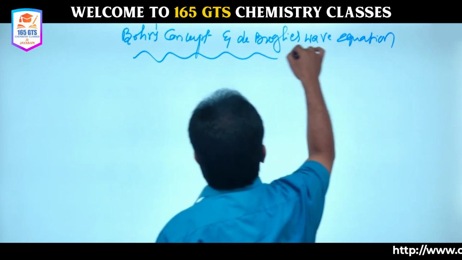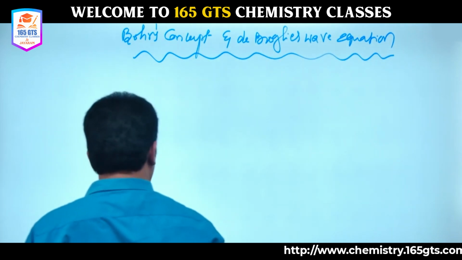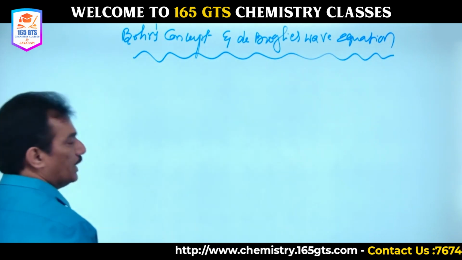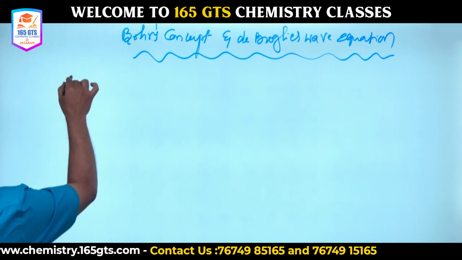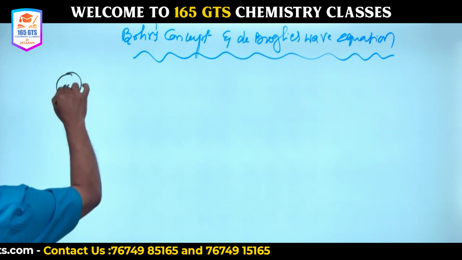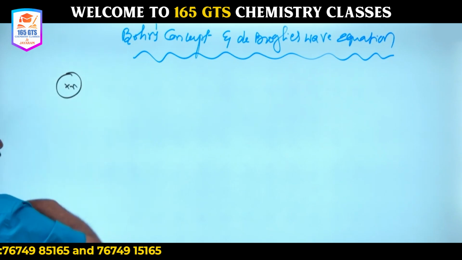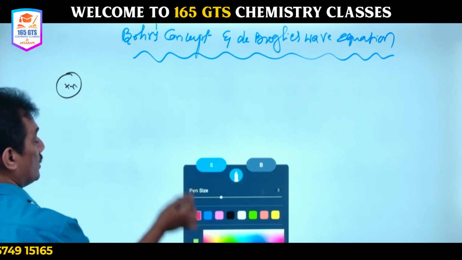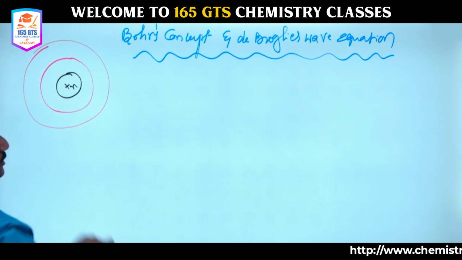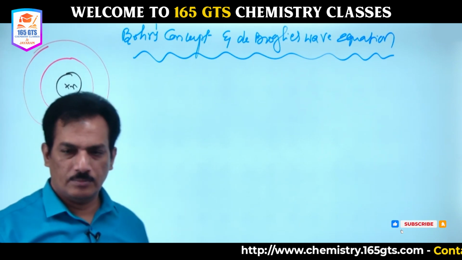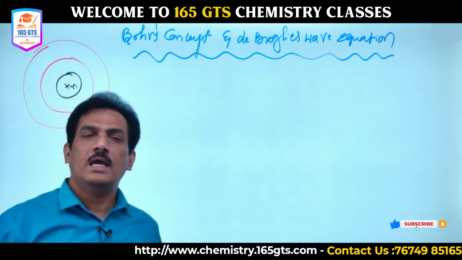For this purpose, first of all, we should know what Bohr's quantum condition is. The main concept: when the nucleus has the positive charge and the neutrons inside, electrons are revolving around the nucleus in circular paths known as orbits. In which orbit the electron is revolving?